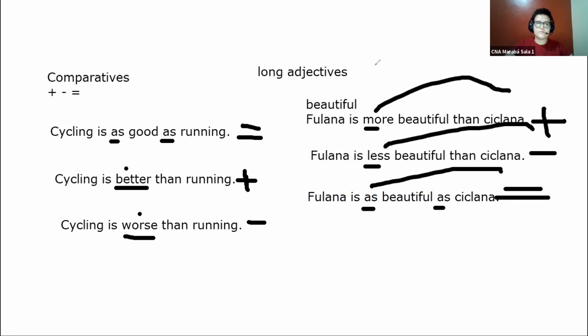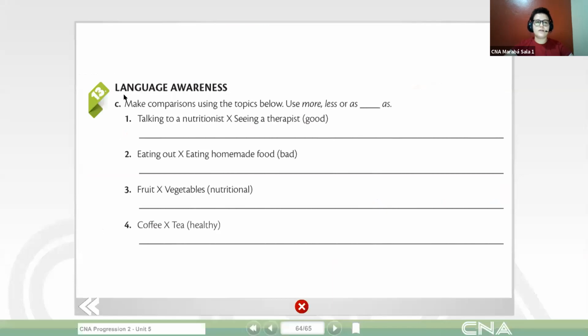In your books, on part C of the activity, we have: make comparisons using the topics below. Use more, less, or as. So we have on number 1, talking to a nutritionist and seeing a therapist. And we need to use the comparative of good. Good is a short adjective.